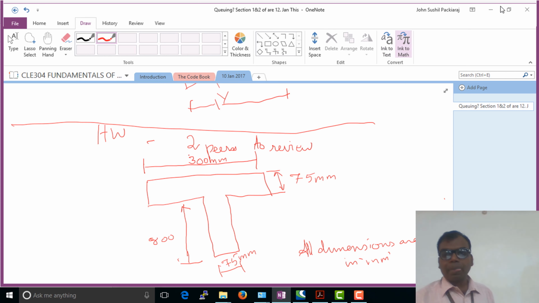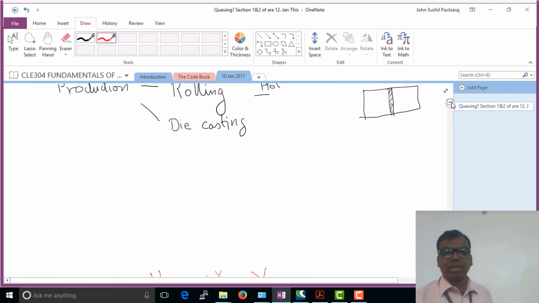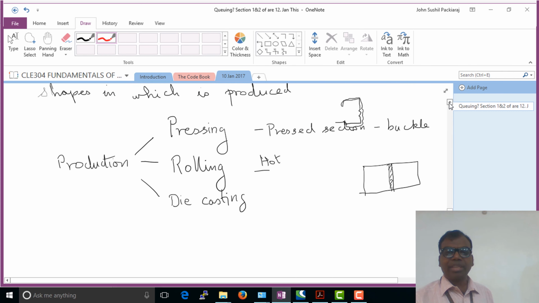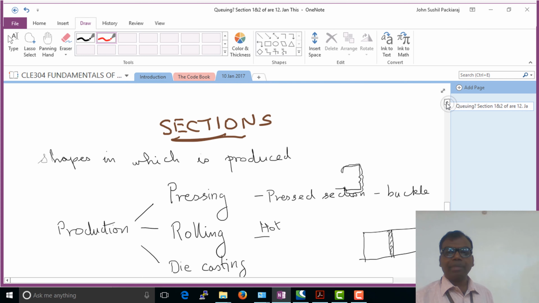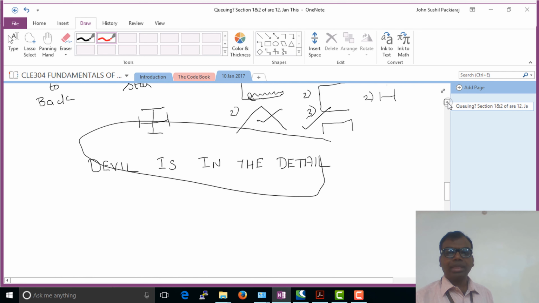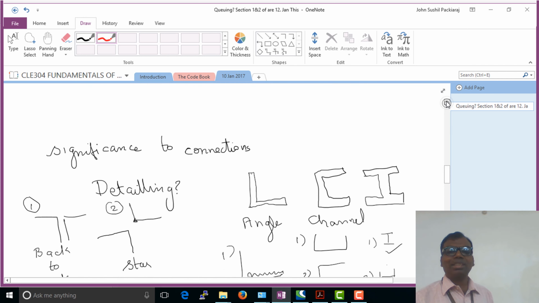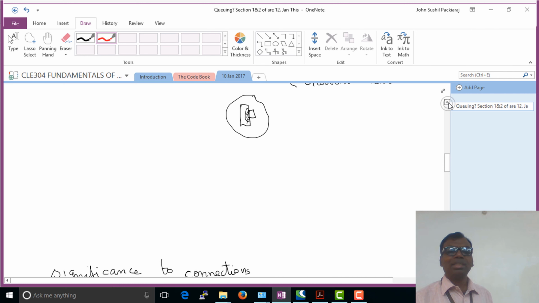What we have done today is not too much. We saw the ways by which steel is produced, and we tried to understand why the devil is in the detail. You can arrange a steel structure in so many ways.